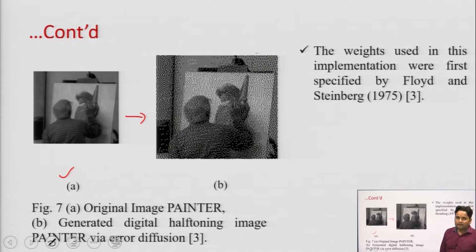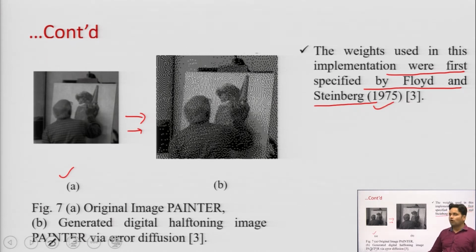This is a more advanced rectification, or we can say halftoning, and a much clearer output as compared to the previous two methods, which are patterning as well as dithering. Okay. So, error diffusion is the most advanced version of digital halftoning, and it was specified by Floyd and Steinberg. Okay. That method they proposed in 1975.